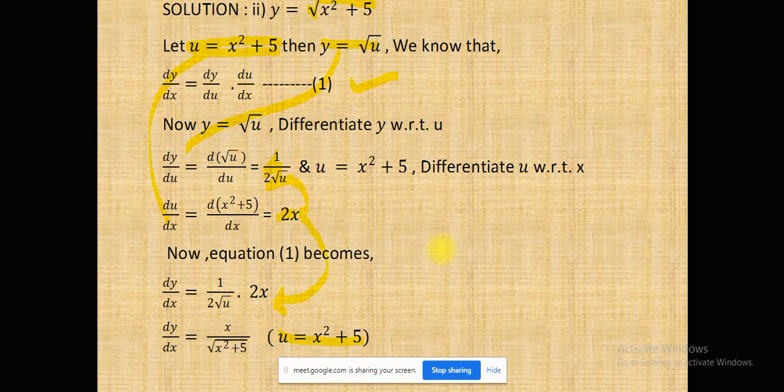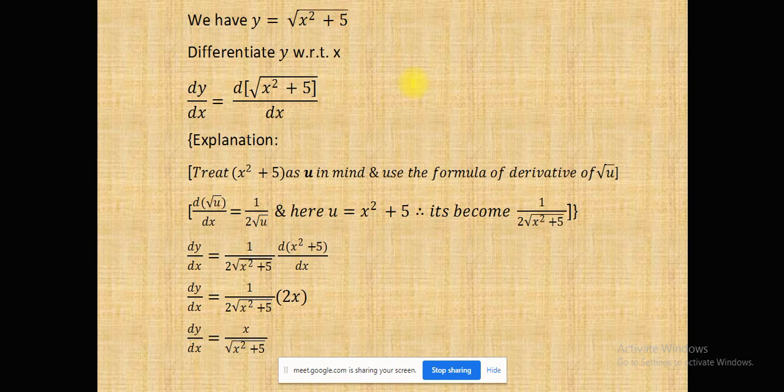We will also see this by using another method, that is the inner outer method. So we have y equal to root of x square plus 5. As I said, root is the outer function, so first we find the derivative of the square root function. Treat this part as u in mind, and use the formula for the derivative of root u.